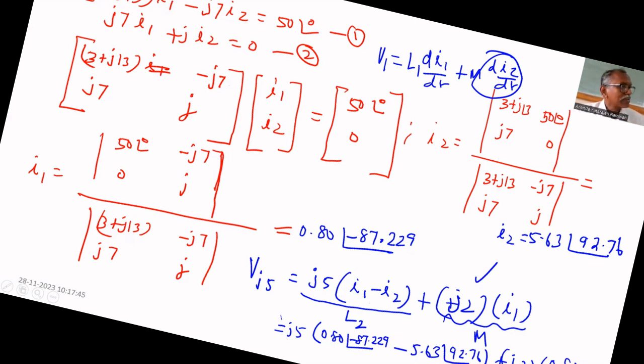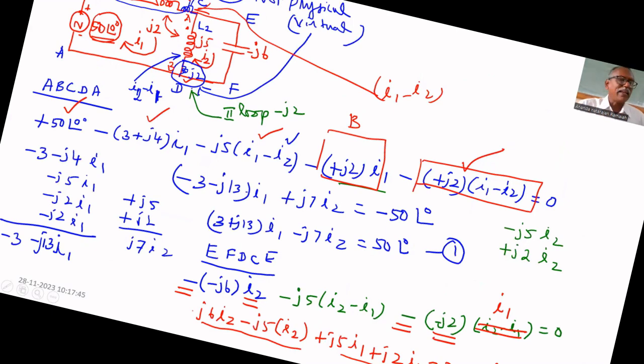Is there any other way to find the voltage across J5? See the diagram. Very simple.